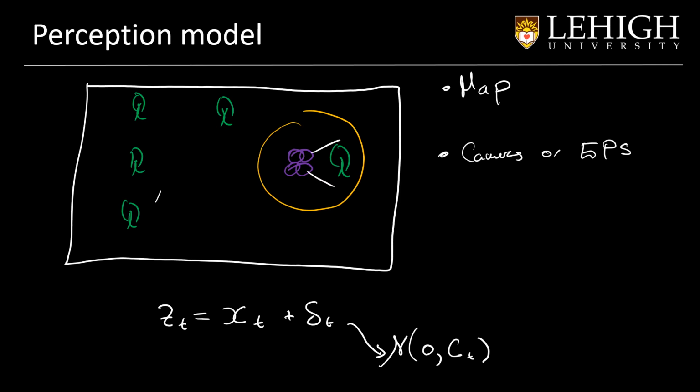So this is basically the perception model of the robot. Now we will find a way to combine those two types of measurements that we can get from odometry and from the perception model.